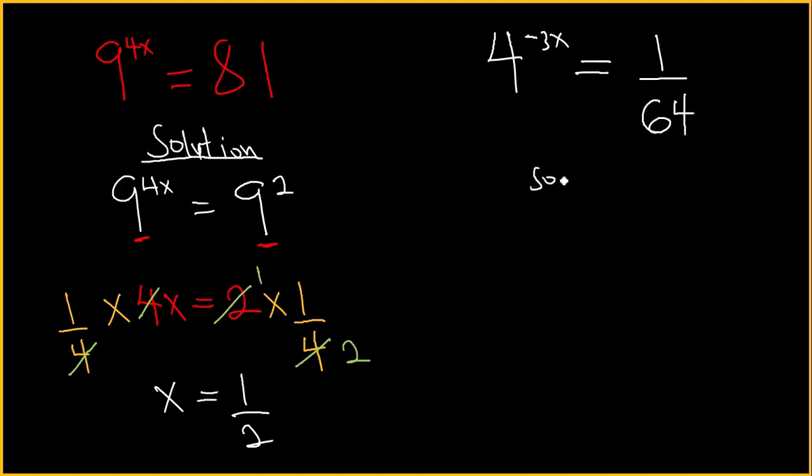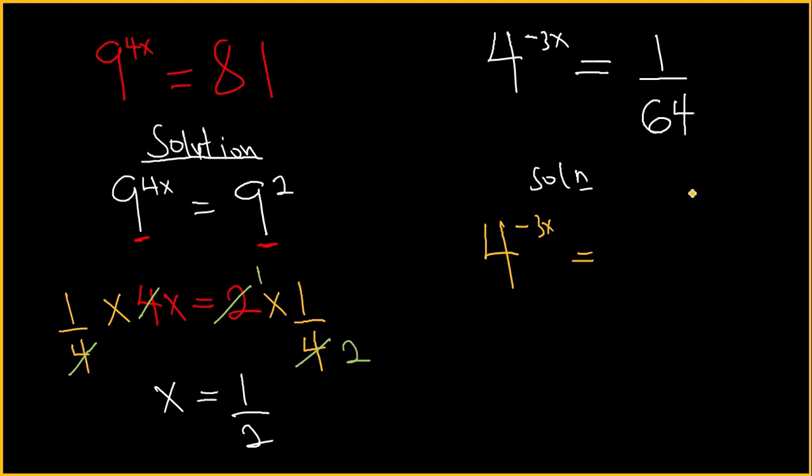So let's solve this. Now the smaller, so this is also an index form, and we have to also change this to an index form to have a base of 4. Now we have 4 to the power negative 3x equals, so this, if you would remember from the properties, is a negative index.